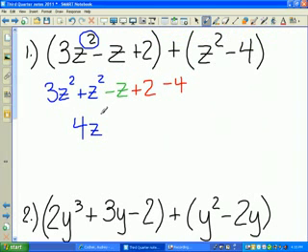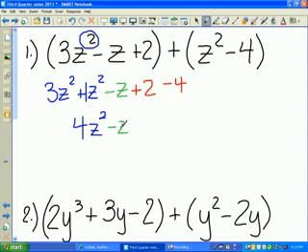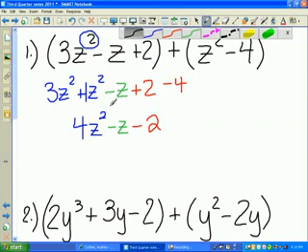And the reason why it gives me a 4 is because in front of this z, there's a 1 that's understood to be there. Now, going with the z's, all we have is that minus z. And then 2 minus 4 will give me a negative 2. And this right here is my answer.